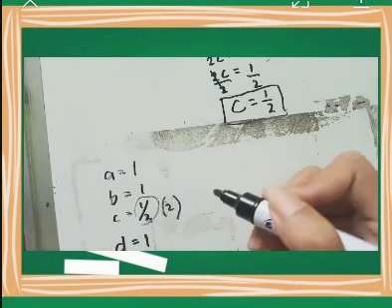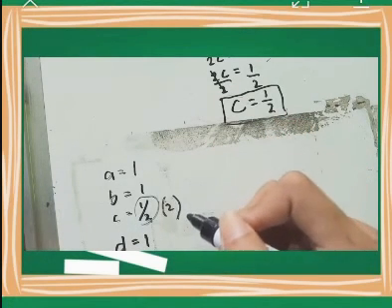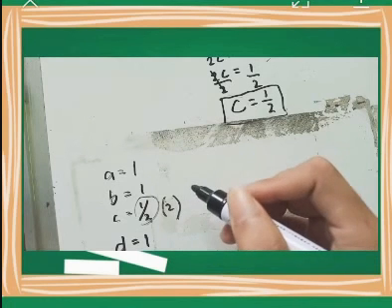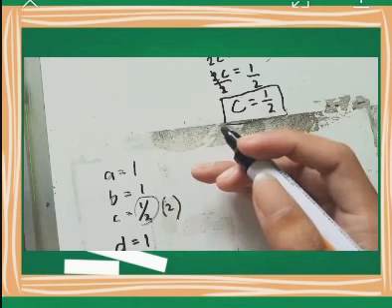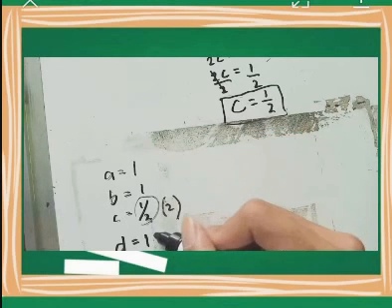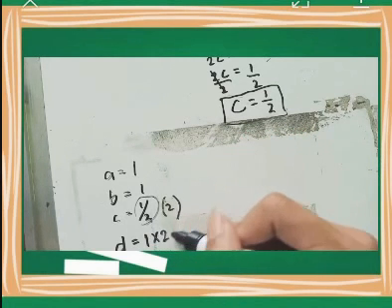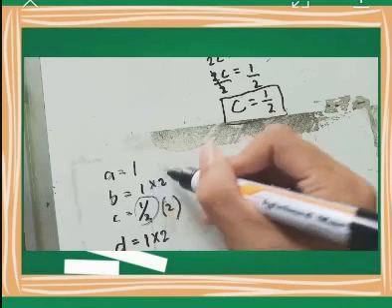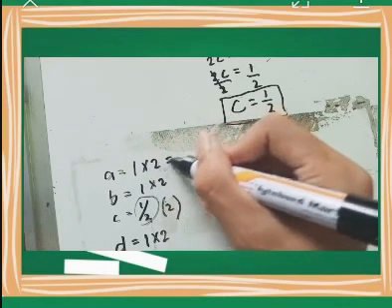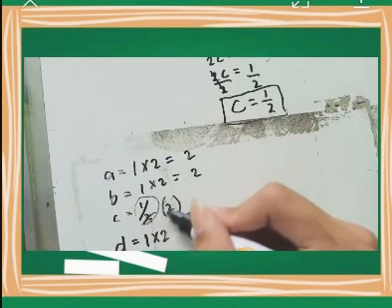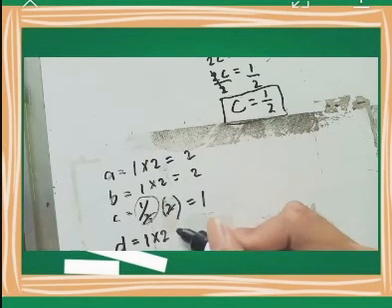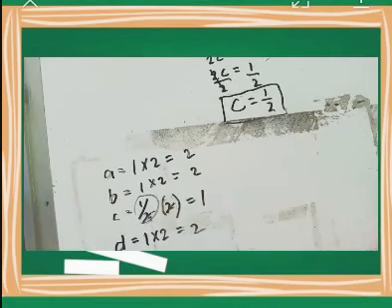And remember, take note that in multiplying by 2, what you do to one side you must do to the other side. So times 2, times 2, times 2. So 2 is equal to 2, cancelled out, equals 1. This equals 2.